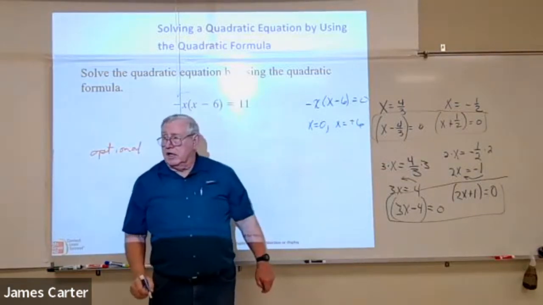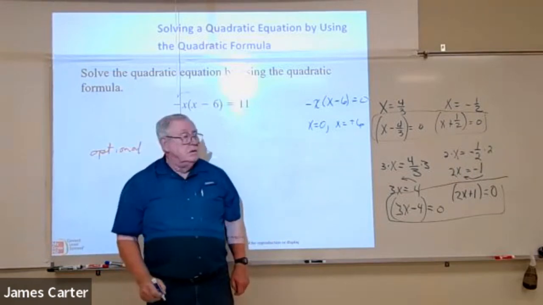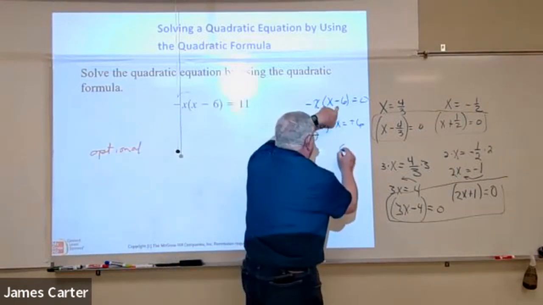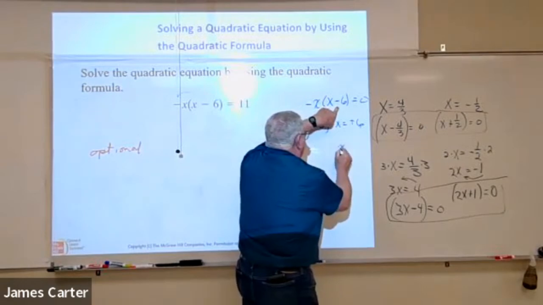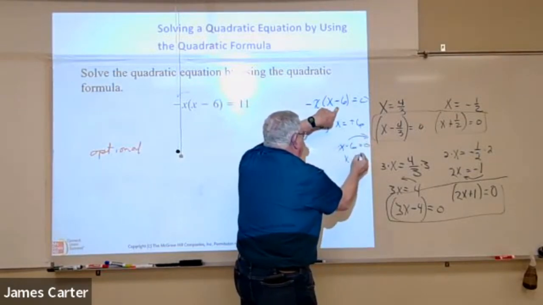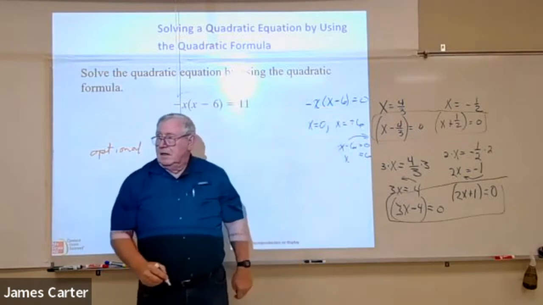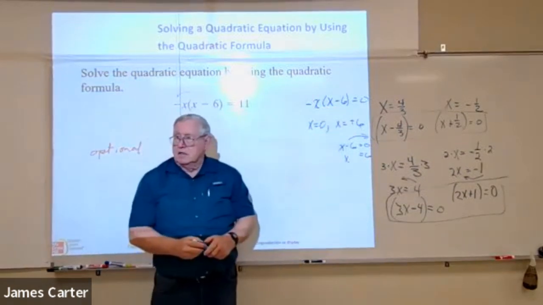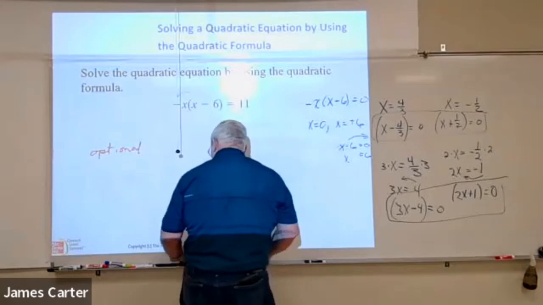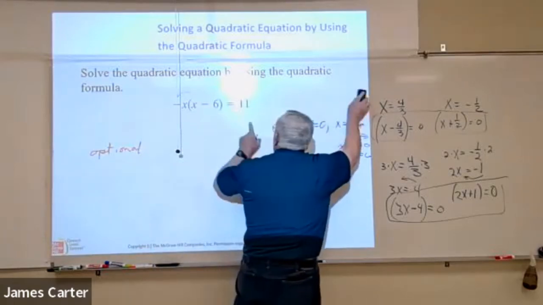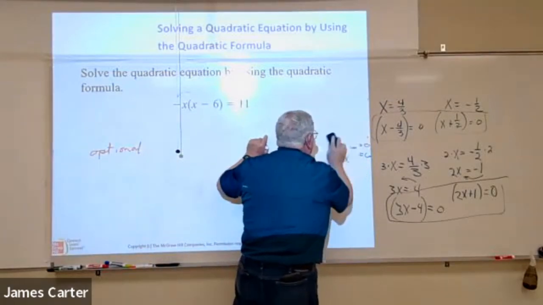Now, everyone know how I got that +6? X minus 6 equals 0. X equals 6. Add 6 to both sides. If that were 0, but it's not.